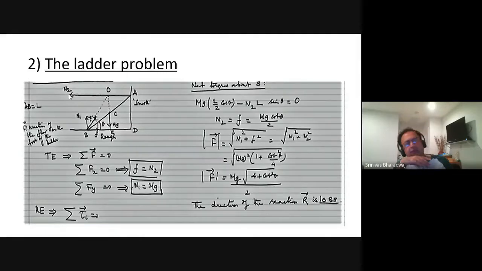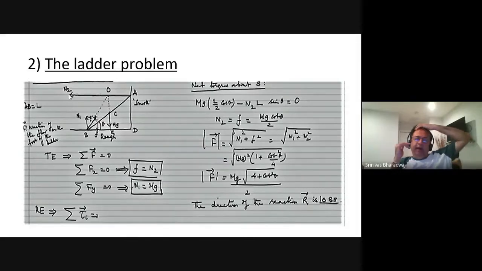If both surfaces are smooth, there is a force in this direction, the normal force like that, which is not counteracted. Therefore, as a result, the ladder will fall down, because there is a net force on it.